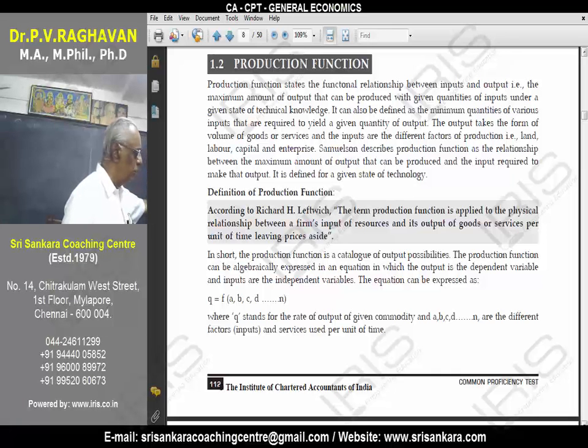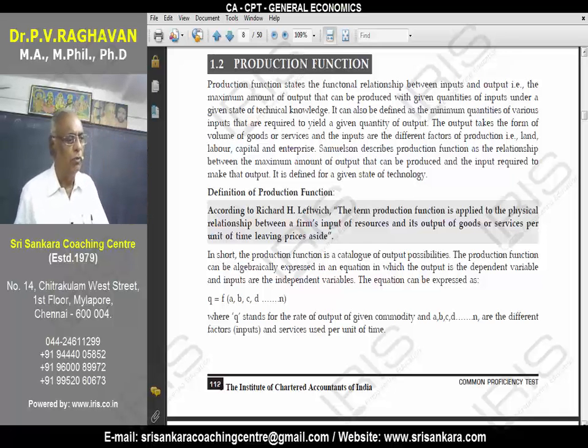What is the equation? Q, output, depends on A, B, C, D. What is ABCD? Input. You are a student of mathematics. You know Q is a dependent variable and ABCD is independent variable. So that is the first very simple question. What is production function? One question. Then another question.